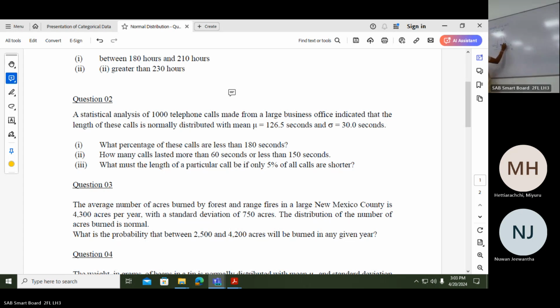Then we want to calculate the two z values first. What are the two z values? For 150 it is 0.78.